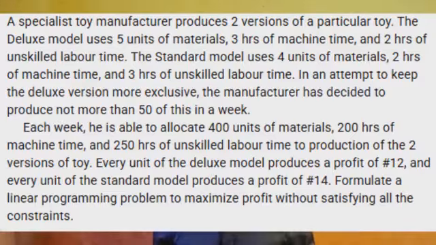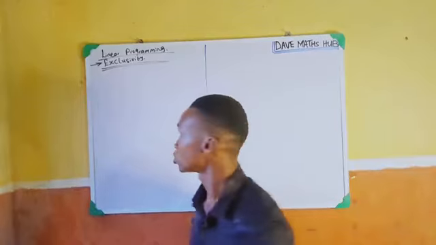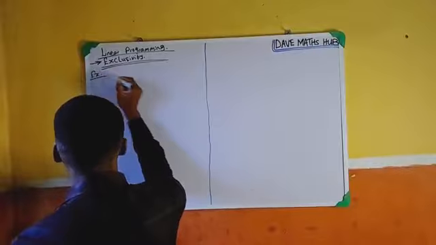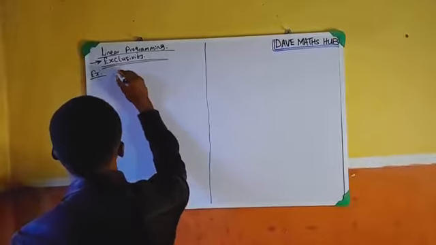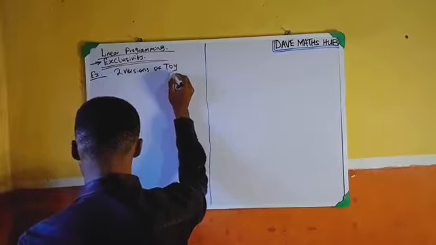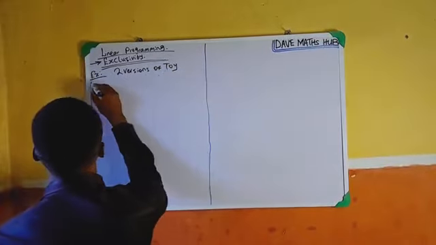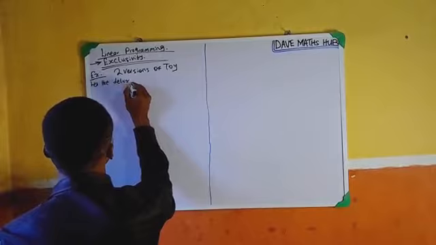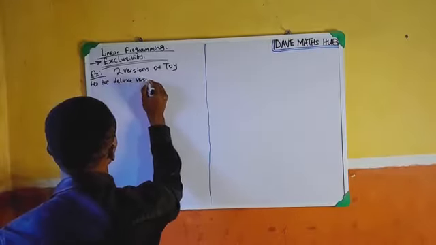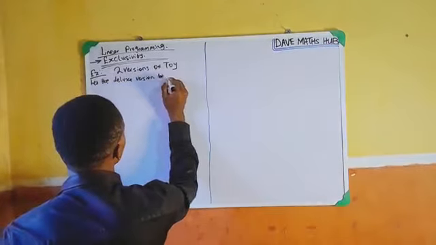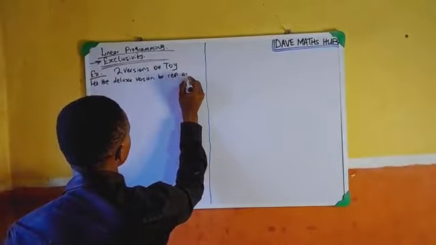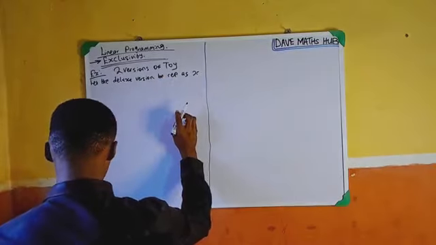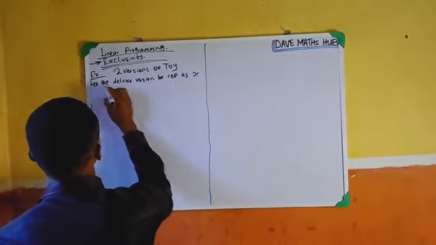So this looks very long because of the requirements, so let's shorten them. We have two versions of toy. The first one is deluxe, so let the deluxe version be represented as X. And the second one is the standard model.